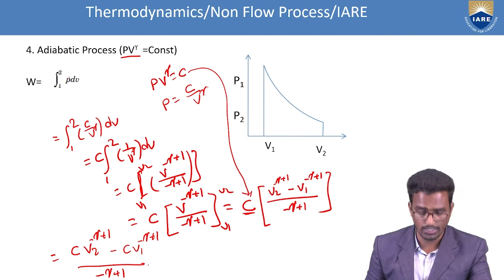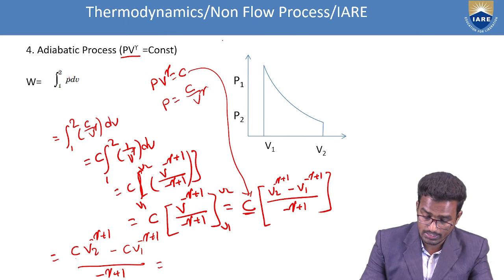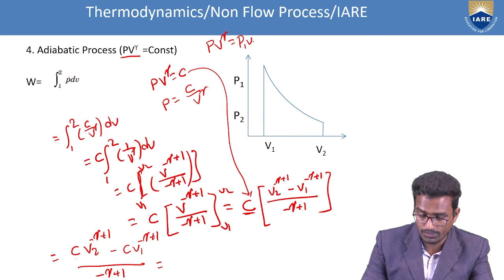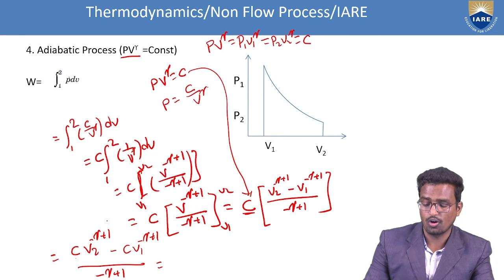So you get the values of these two. Now see, C is equal to PV power gamma, which is also equal to P1 V1 power gamma, also equal to P2 V2 power gamma. That is all equal to constant. Now substitute the value of constant here.